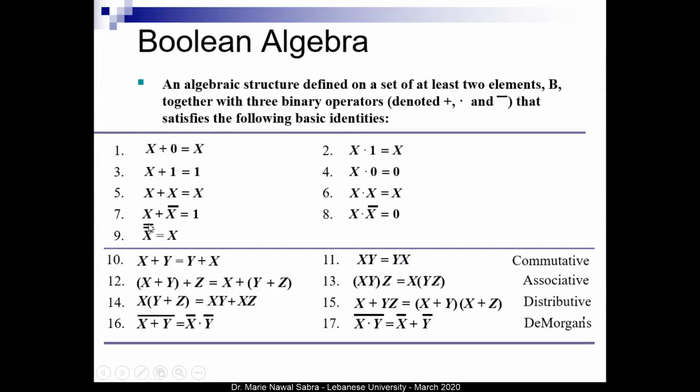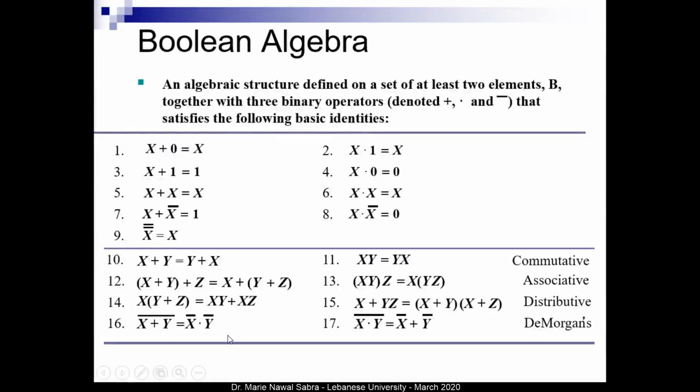The NOT of x bar is x itself. If I want to go for the ANDing, x AND 1 is x. X AND 0 is 0, x AND x is x itself, and x AND x bar is 0, so it can never be true itself and its opposite at the same time.